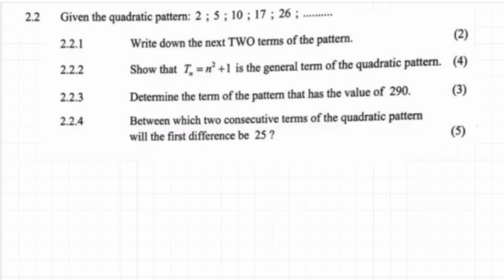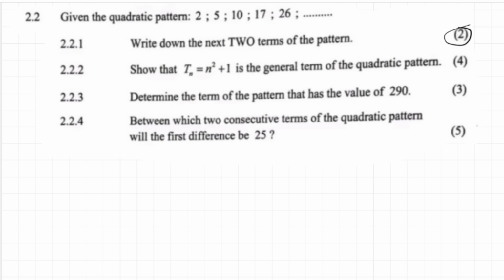So let's move on to 2.1, which is, they say, given the quadratic pattern, which is 2, 4, 10, 17, and 26, write down the next 2 terms. On this kind of question where they want the next 2 terms, I like to find it on the question paper, instead of writing how I find it, because here they just need the next 2 terms only for these 2 marks.